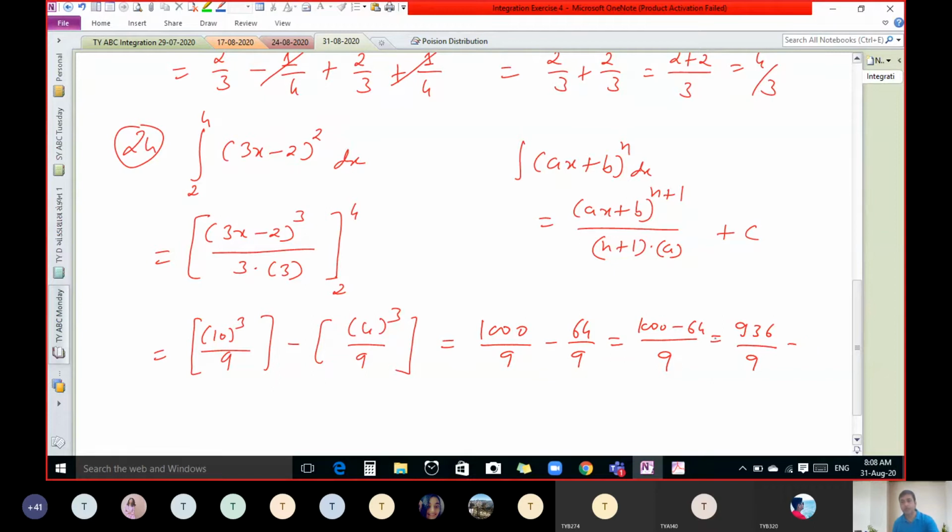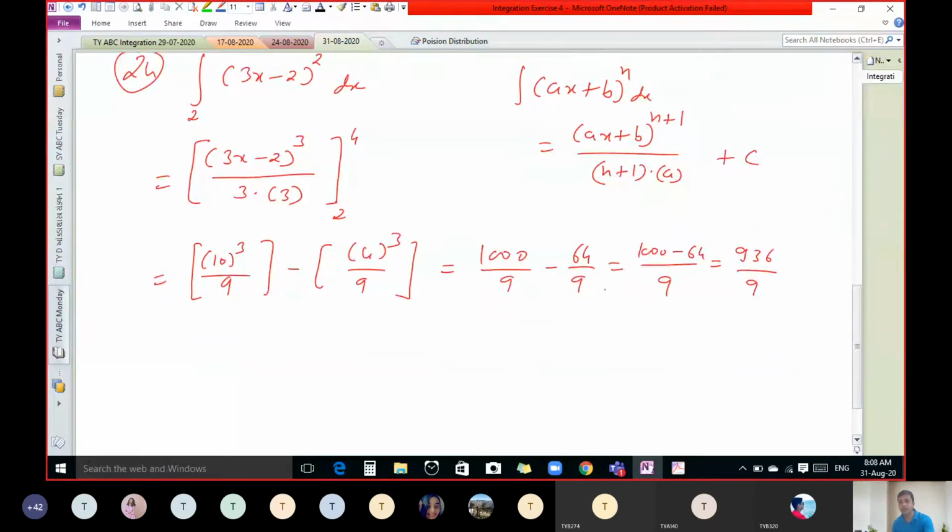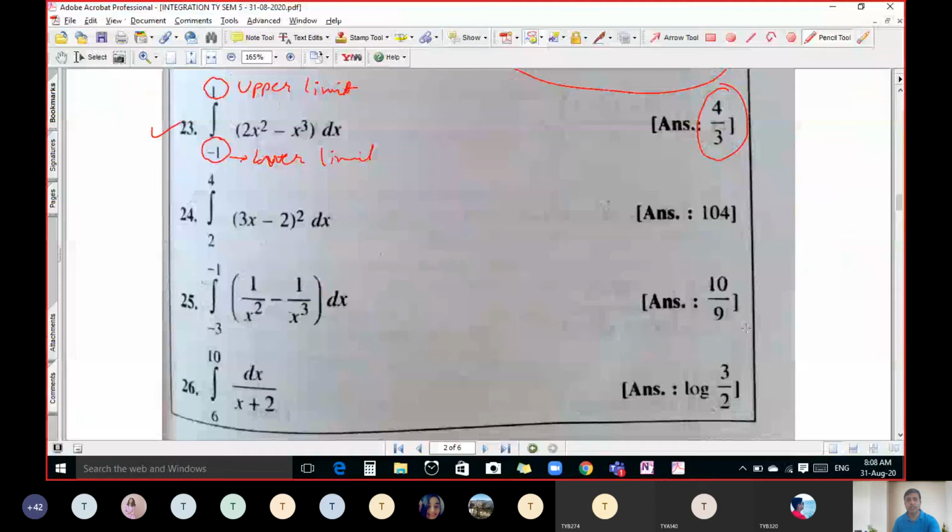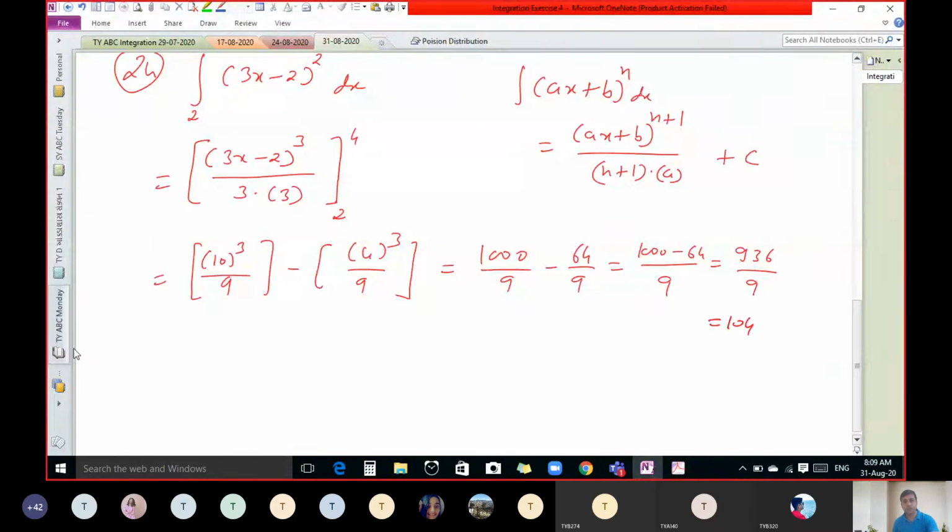So for question number 24, the answer is 104. Let us do 25. Any problem to anybody in 24? If you have any doubt, you can ask immediately. No problem at all.